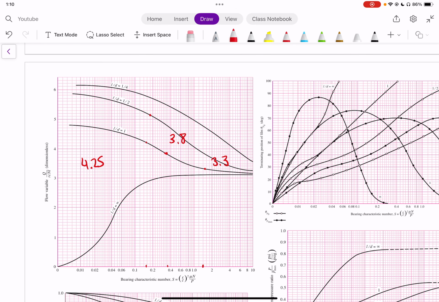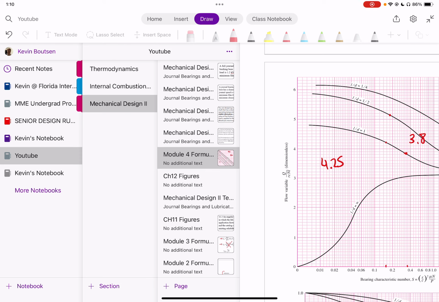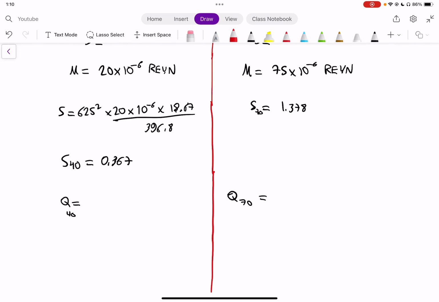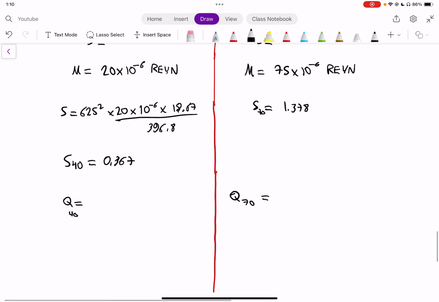So 3.8 and 3.3. We can copy those numbers over. We have 3.8 for SAE 40 and 3.3 for SAE 70.